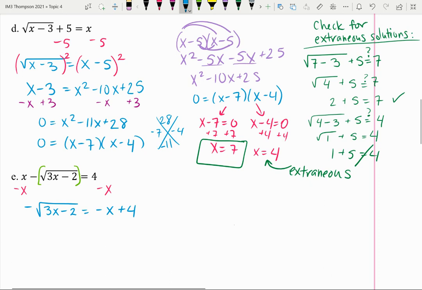And one of the things that stands out as a little bit different from problem E than D is I still have a negative in front of the radical. I have to move that also.